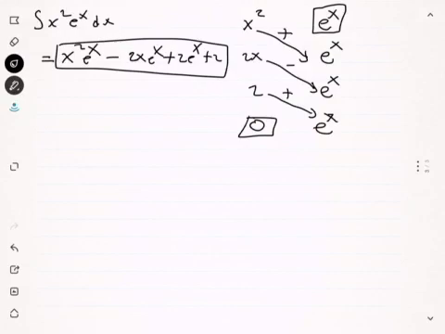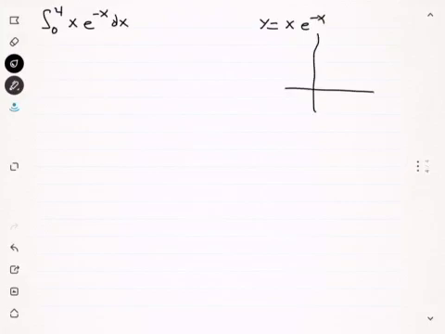All right, integration by parts, whenever you want to integrate a definite integral. So suppose that you have this integral from 0 to 4 of x times e to the minus x dx. Basically, they want me to find the area of y equals x times e to the minus x as x goes from 0 to 4.